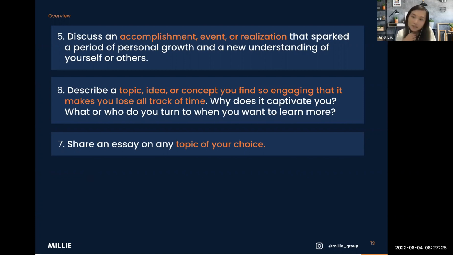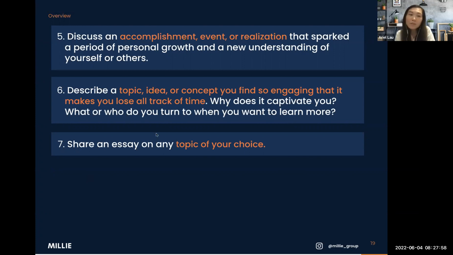But some students who are more academically focused would use this particular prompt to outline their academic exploration as well. So this is also an interesting one, not as popular as the previous ones, especially when it says, what or who do you turn to when you want to learn more? So if you didn't do anything outside of your comfort zone to try to dig deeper into the topic, idea or concept, then I would advise to not particularly select this prompt.